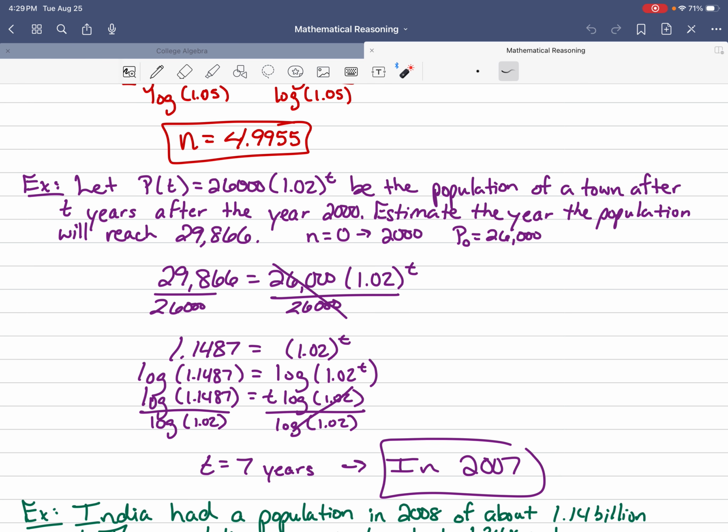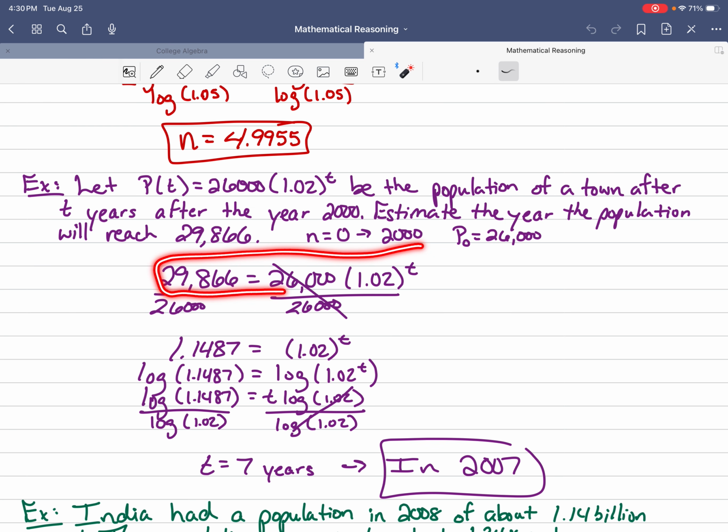So in order to write this exponential equation, we're going to take the goal of 29,866, because that's how much of a population we're wanting, equals our original population, which was at 26,000, parentheses, 1.02 to the power of t. And again, that's coming from this equation here, where 29,866 is just the end goal that we're putting in place of P of t.